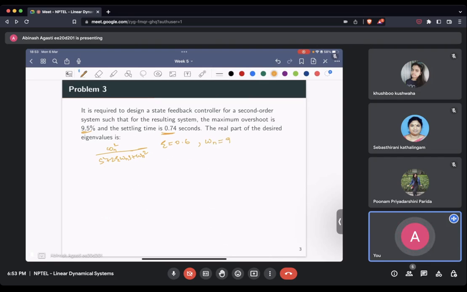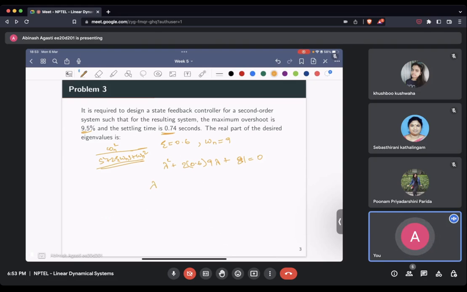So basically I need the characteristic equation as this: lambda square plus 2 into 0.6 into 9 lambda plus 81 is equal to 0. This is what I need my characteristic equation to be.